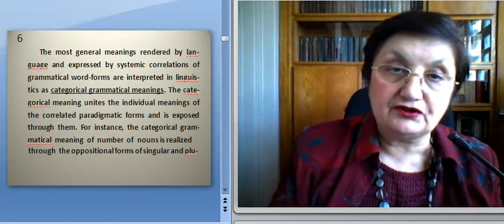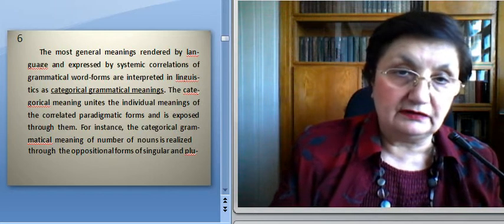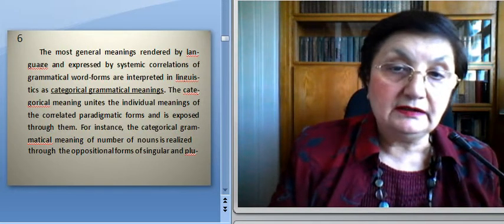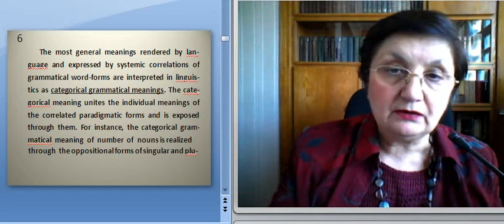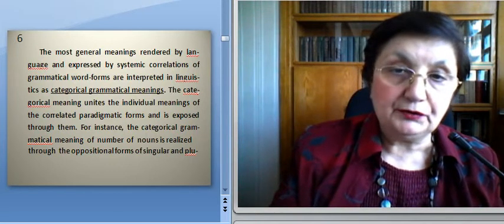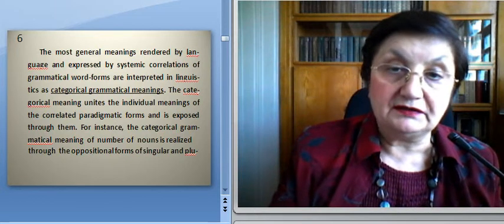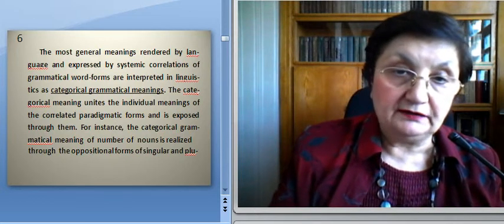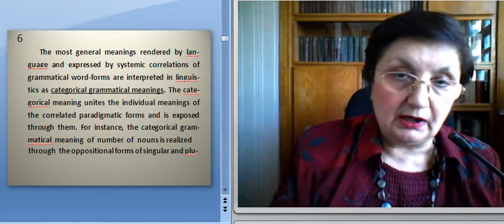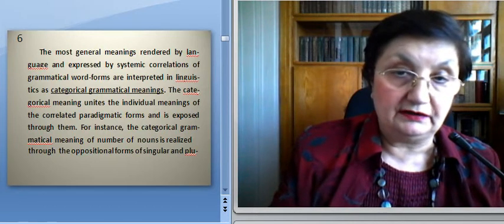The most general meanings rendered by language and expressed by systemic correlations of grammatical word forms are interpreted in linguistics as categorical grammatical meanings. The categorical meaning unites the individual meanings of the correlated paradigmatic forms and is exposed through them.